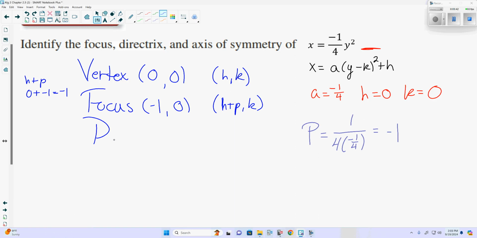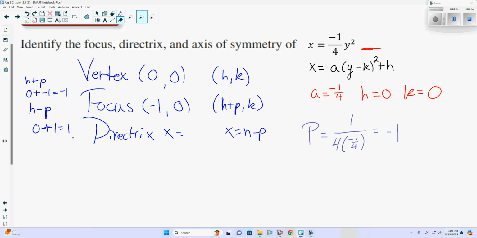Directrix. In the general form, it's x equals h minus p. So we do need to find the value of h minus p. Well, that'd be 0 minus negative 1. Well, our negative makes a positive.